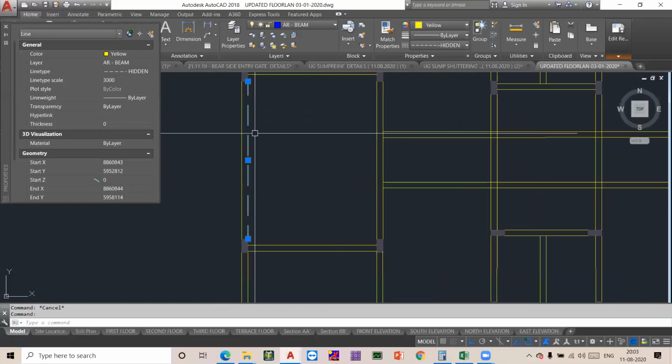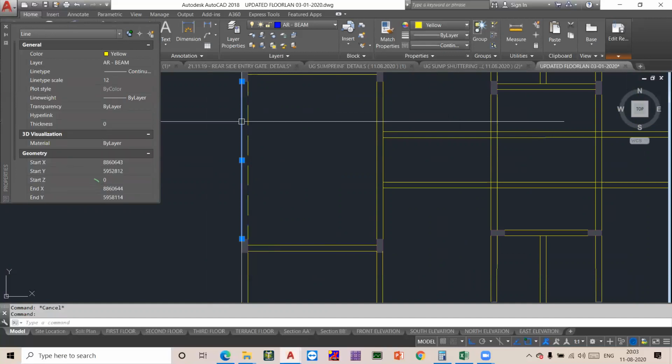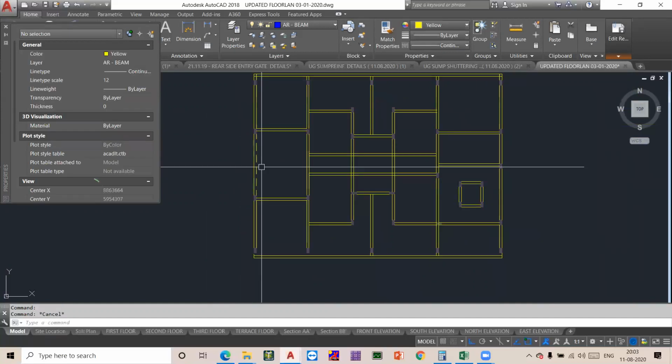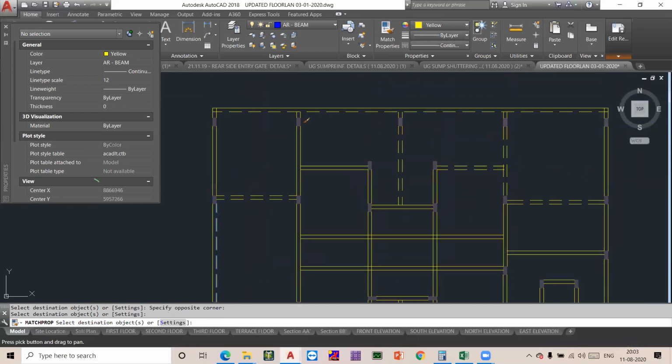It will be hidden inside your slab, whereas the outer edge will still be visible. Likewise, the interior beams will be completely invisible because they will be hidden inside your slabs. First we will be doing all of this as hidden.